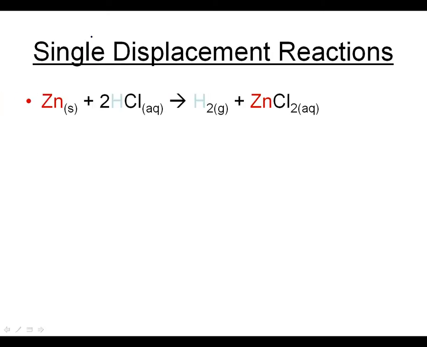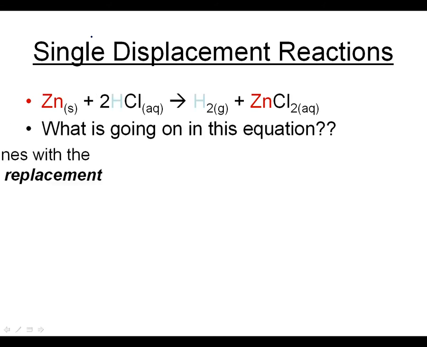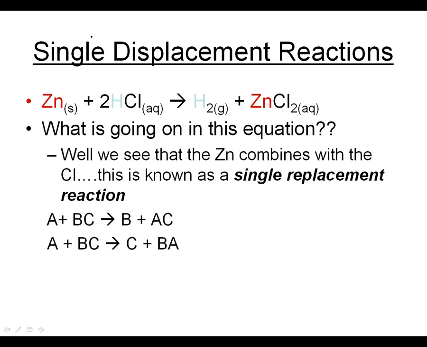The next type of reaction is a single replacement reaction. And in this reaction, a couple of things. The general formula is A plus BC goes to B plus AC. So in this case, if we have A plus BC, the way you could recognize this is a couple of things. Our A over here oftentimes will be a metal that's uncombined. And up here, this is an ionic guy.